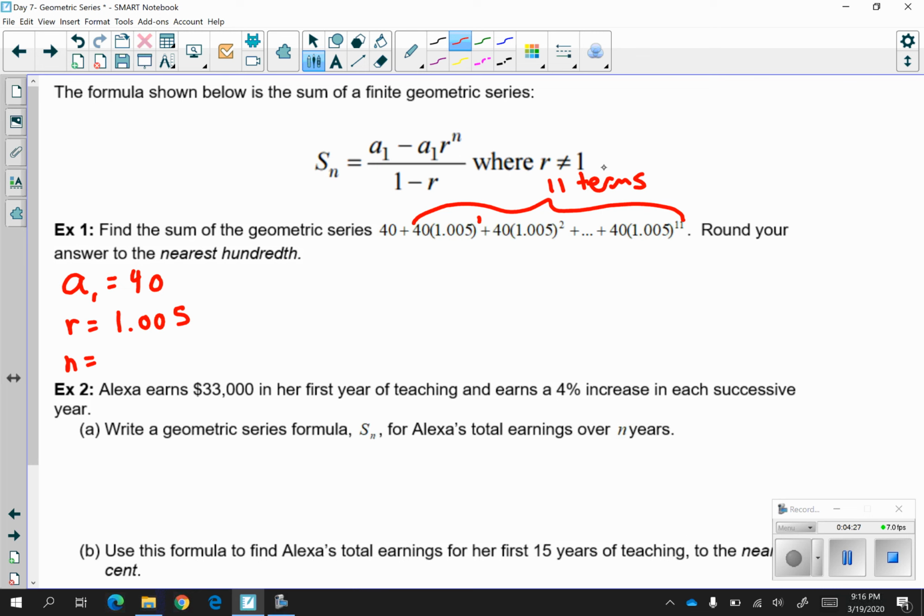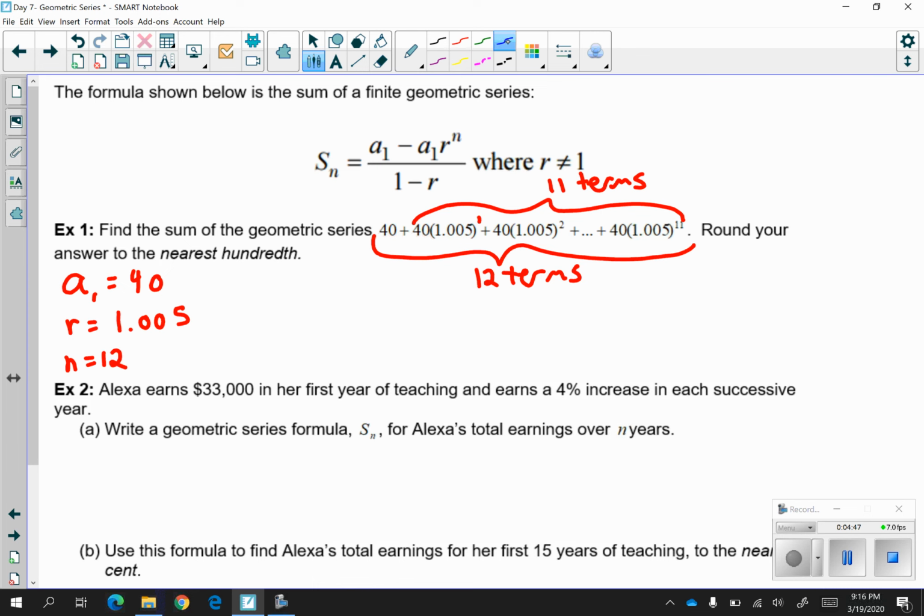It's really 40 times 1.005 to the 0 power. So in actuality, even though it goes up to an exponent of 11, we really have 12 terms. So n should be 12, and that's the trick in these types of problems.